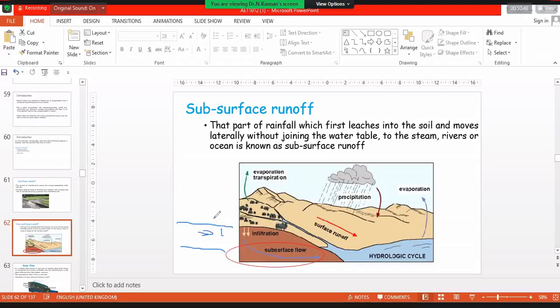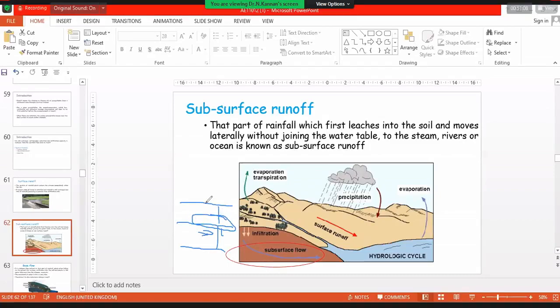When you talk about the soil zone, there are two types. One is called zone of aeration, other one is zone of saturation. So this saturation is having water, right? Then if you consider the upper boundary of the zone of saturation, that is called water table.